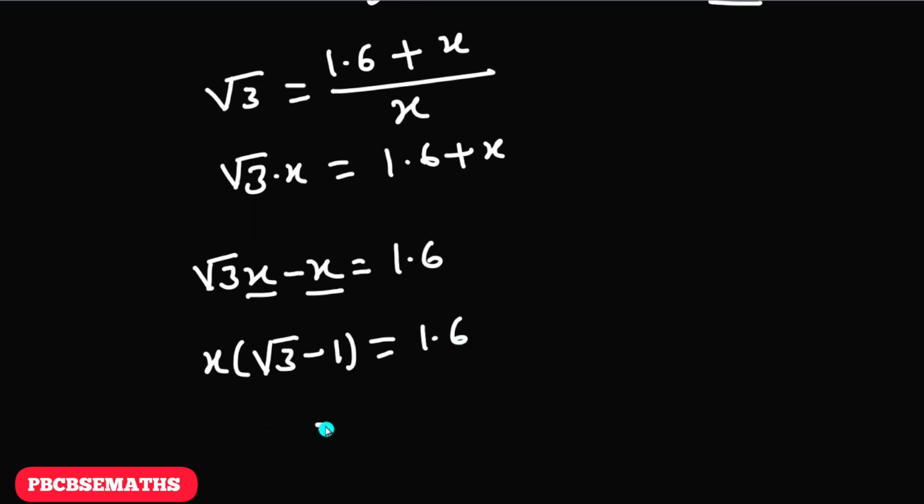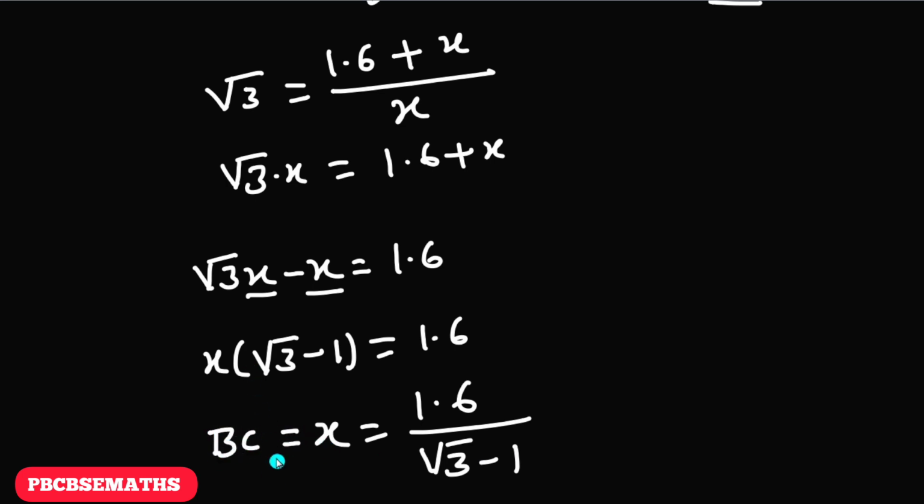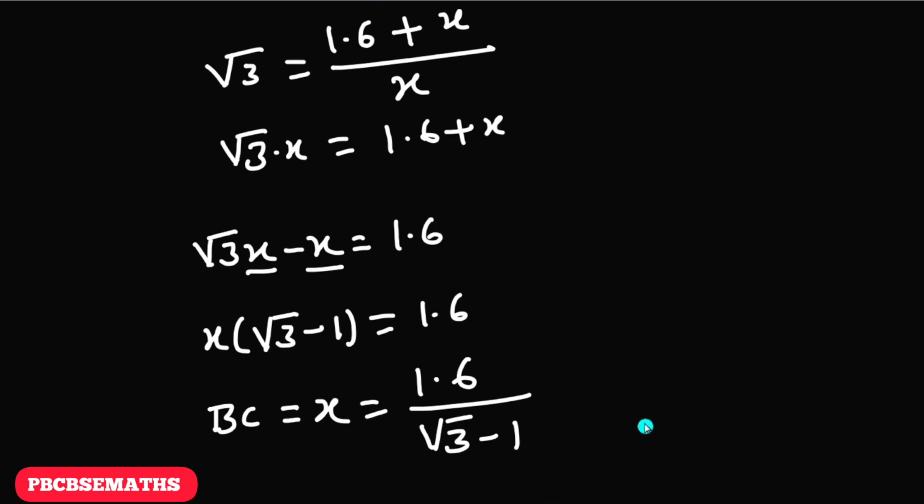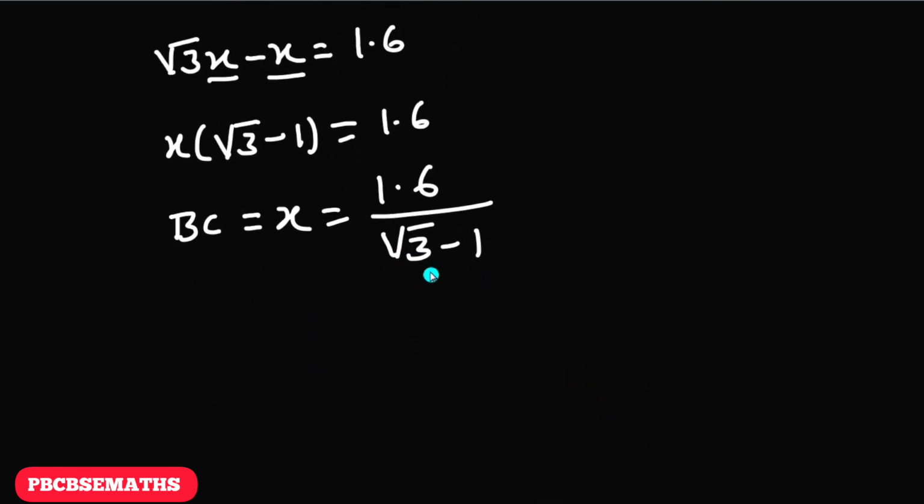Then x is equal to 1.6 whole divided by root 3 minus 1. So it is the value of BC, that is, the height of the pedestal. But we can't stop here because the denominator of this x is in the form of an irrational number. So we should rationalize the denominator and convert it into a rational number.